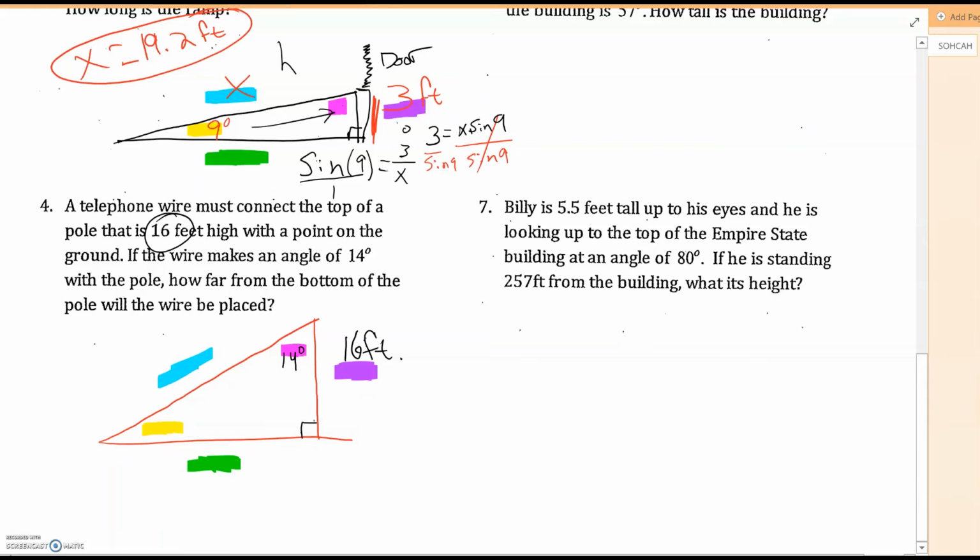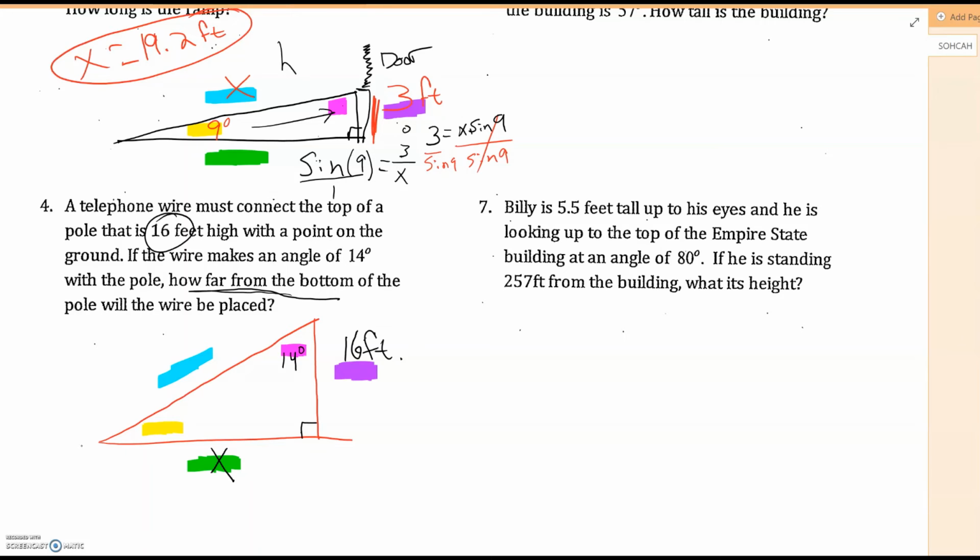All right. And then how far from the bottom of the pole should it be placed? So where would x go, knowing that? X would go right here. Bottom of the pole, how far back from the bottom of the pole? From there, we should be able to solve.